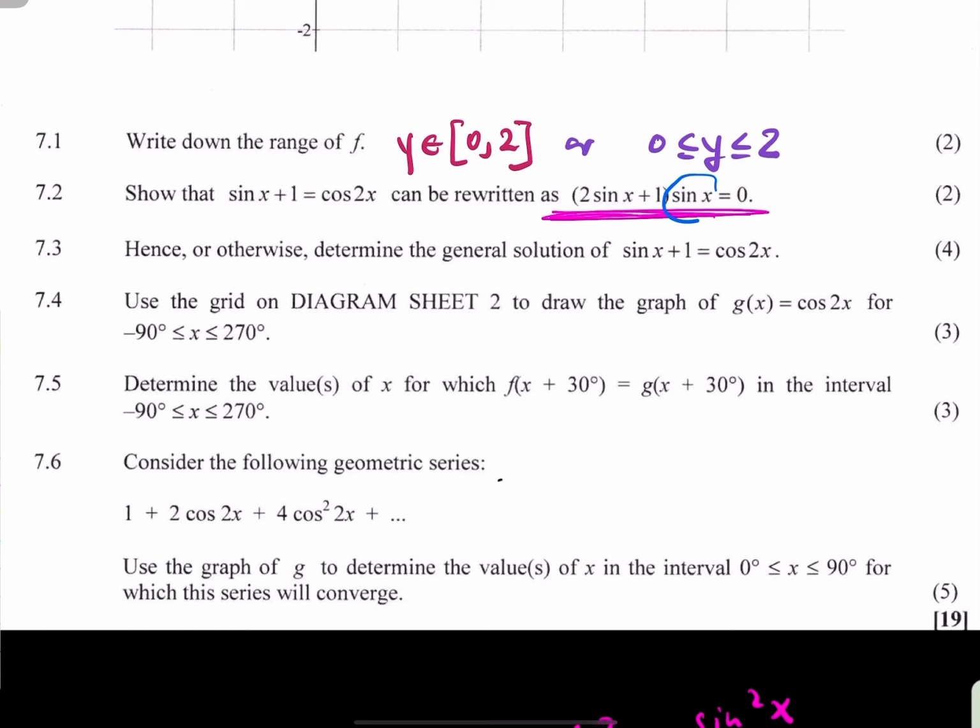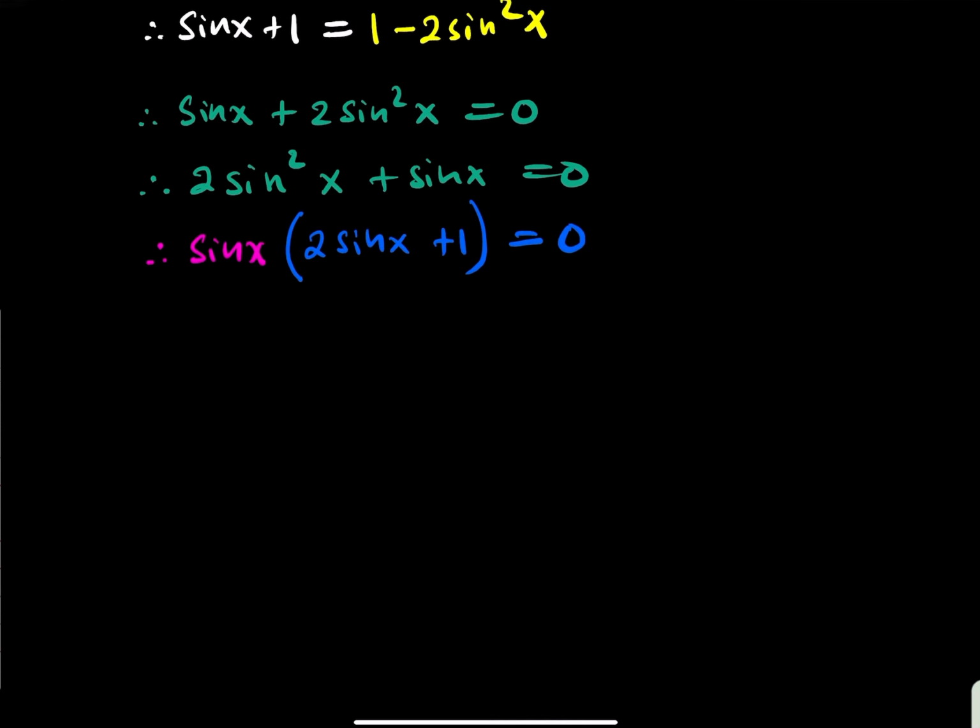They are putting the sine x at the back there, but it's the same situation. You can put it in front or at the back as long as it's multiplication. We call it commutative multiplication, so it's fine. Or if you're not really happy about that, you can say this is (2 sine x plus 1) into sine x. It's the same situation.